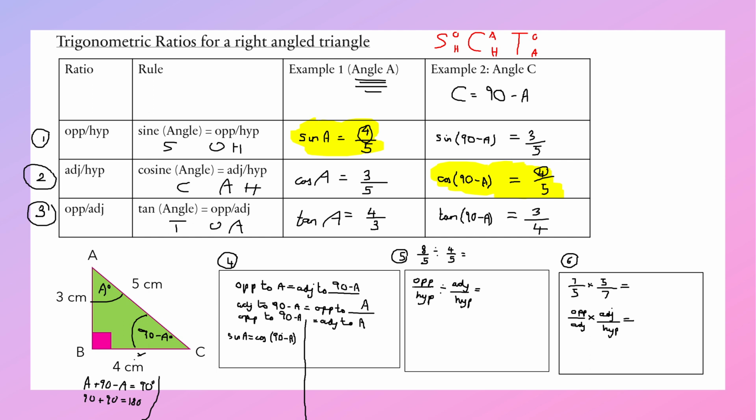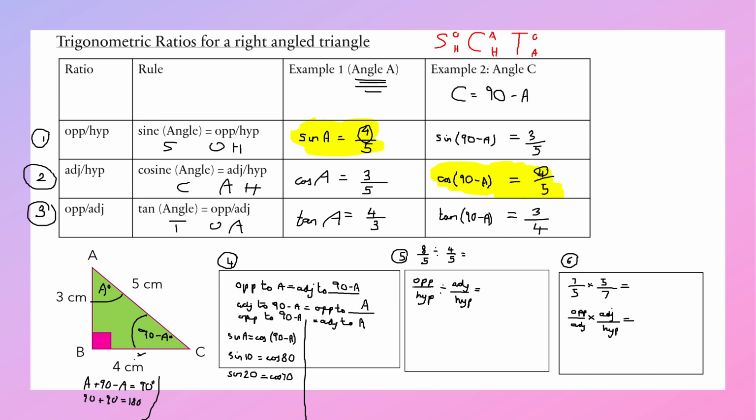And an example of this is if I have sine 10 degrees, that's going to be the same as cos 80. Or if I have sine 20, that's going to be the same as cos 70.